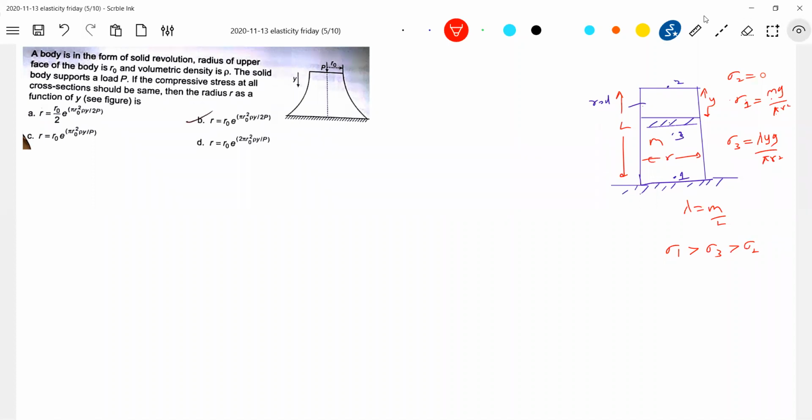Okay, now what is he asking? This is the structure, and everywhere the stress should be the same. For that, how should the radius vary with y? Getting the idea? See, if the question is given directly, I could write some equation and get the answer, but you should analyze what it actually is.